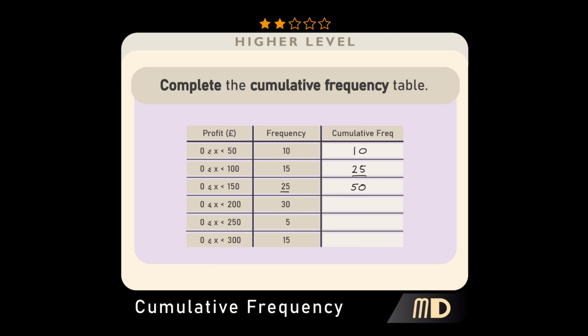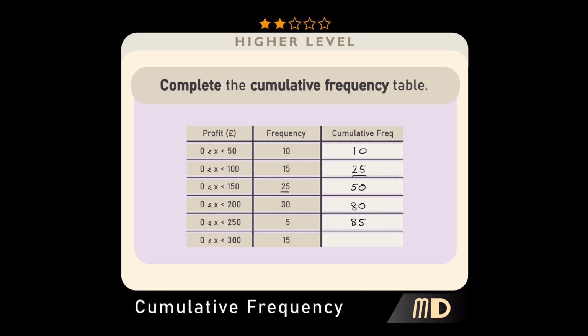The fourth group has the frequency 30. So, 50 plus 30 is 80. The frequency of the fifth group is 5. So 80 plus 5 is 85. The frequency of the sixth and final group is 15.